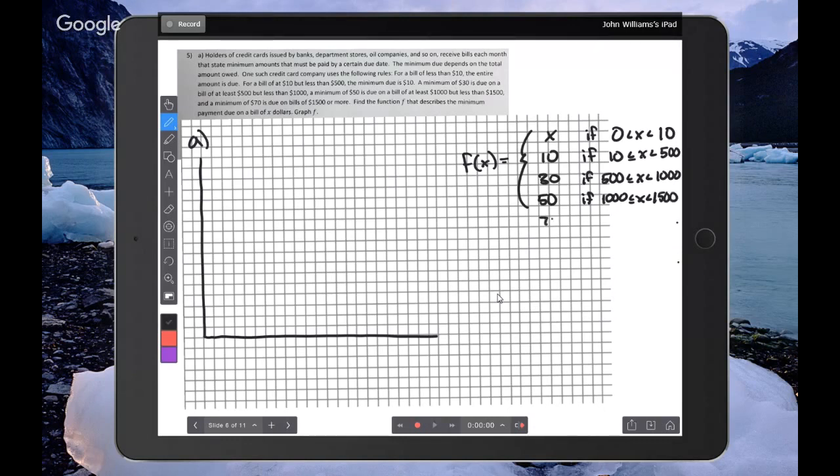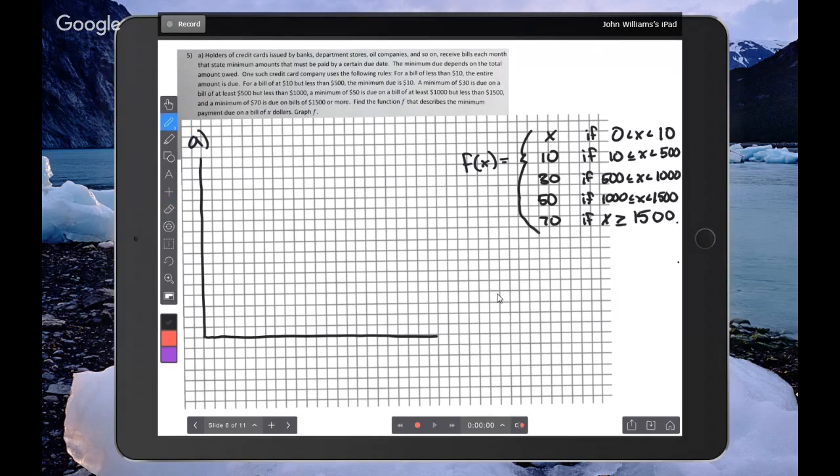And finally, we get up to 70 if x is greater than or equal to 1,500. And again, I need to extend my brackets. There we go. Okay. So now we want to graph that.